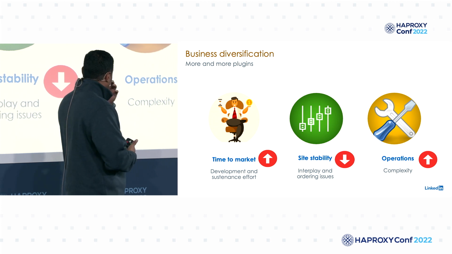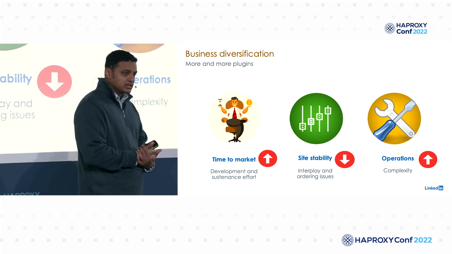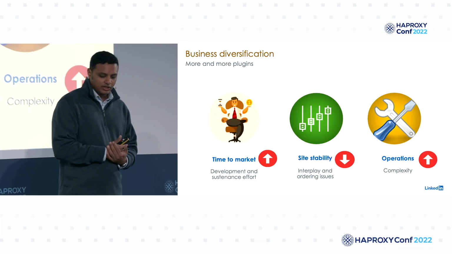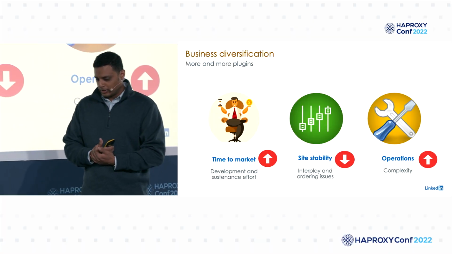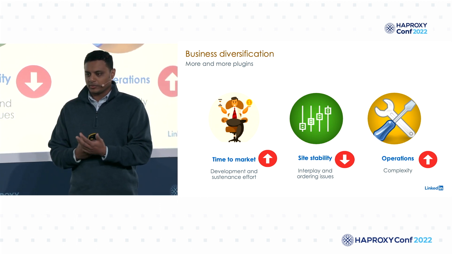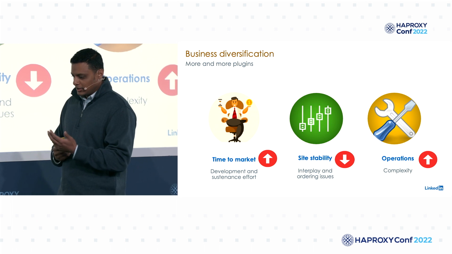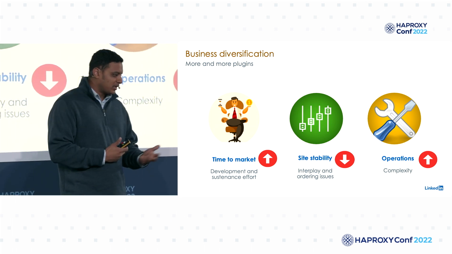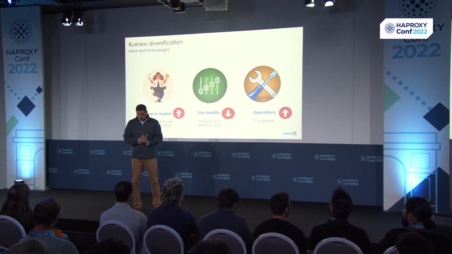Next, along with the increase in QPS, we have also seen an increase in feature requests from our application teams. For example, route differently or perform a certain action based on the geolocation of the request, or do some different action or route differently based on some request metadata, for example, user agent or a client IP or some custom cookie that we have at LinkedIn.